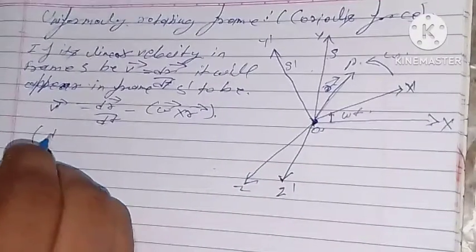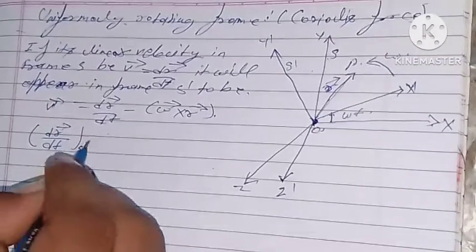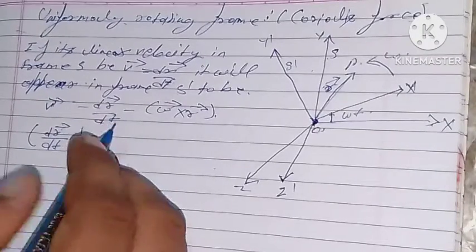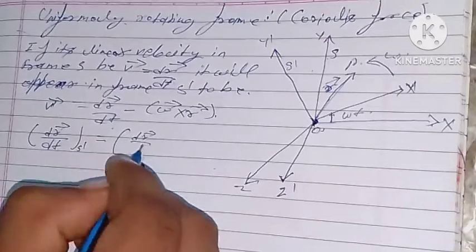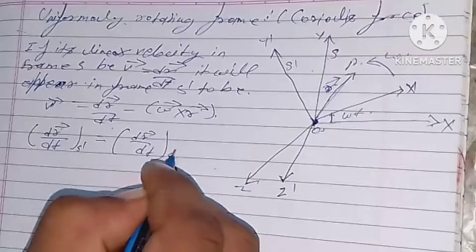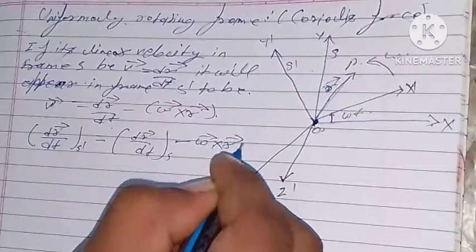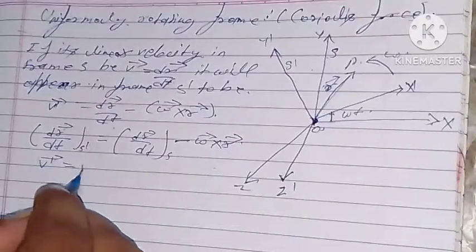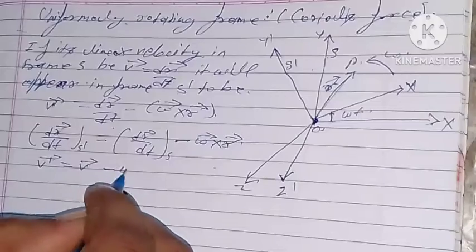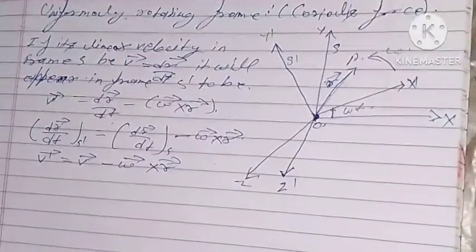So vector dr upon dt in S dash equals vector dr upon dt in S minus omega vector cross vector r. So vector v dash equals vector v minus vector omega cross vector r.